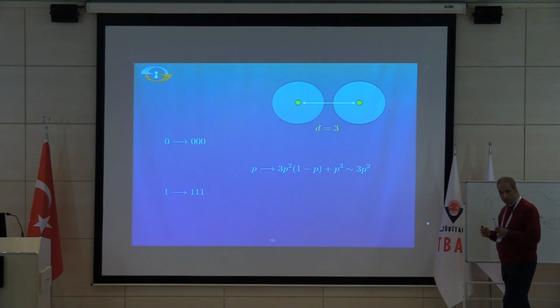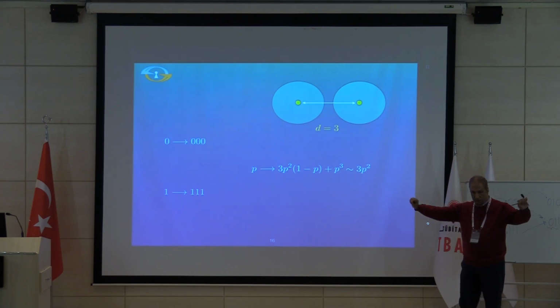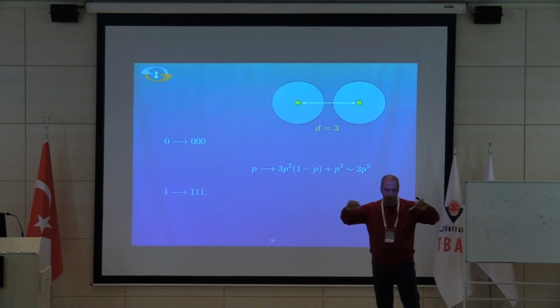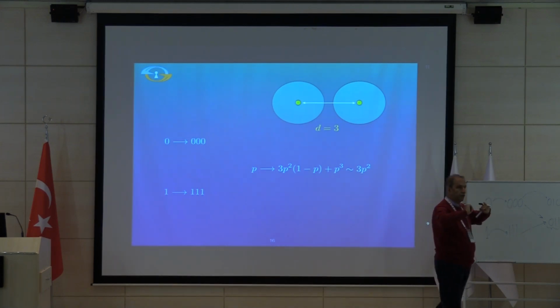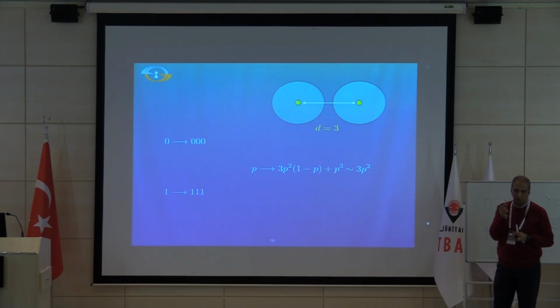So by this encoding, by this separation of bits from each other, I have lowered the probability of error from p to 3p squared. And remember that p is very small. In classical computers of today, p is of the order of 10 to the minus 7.